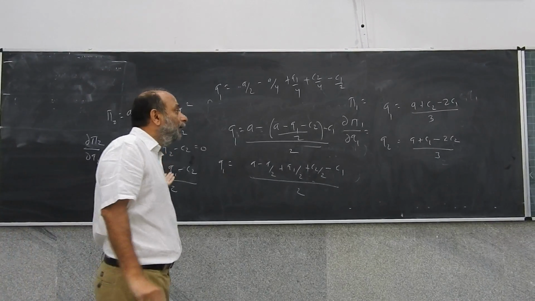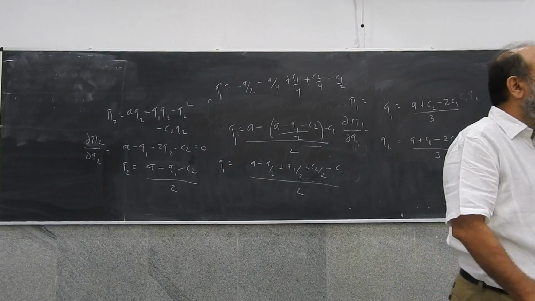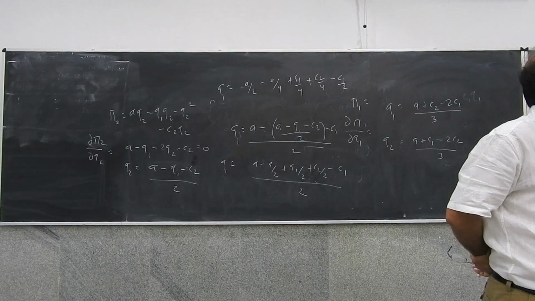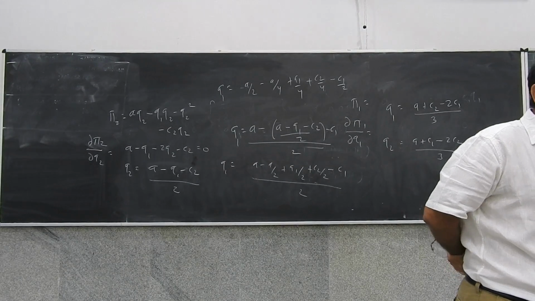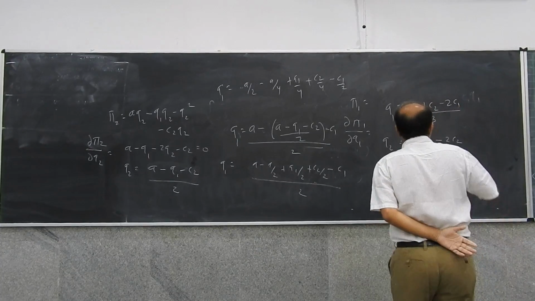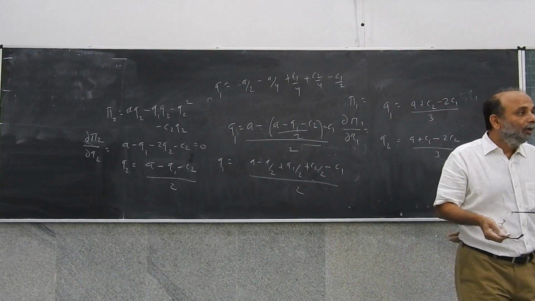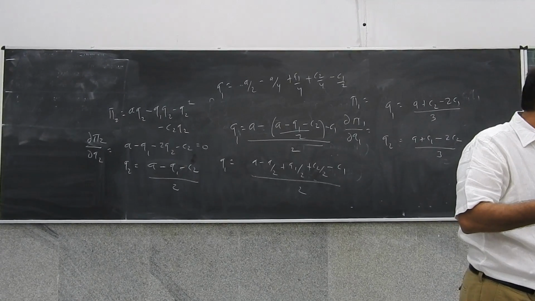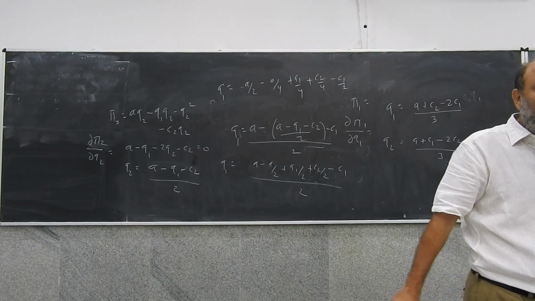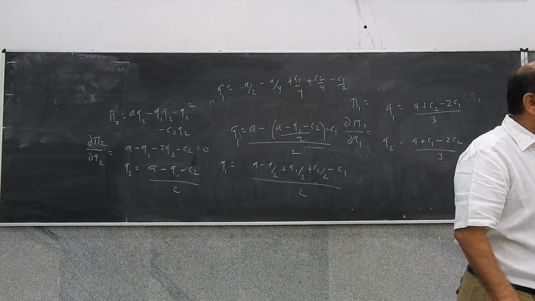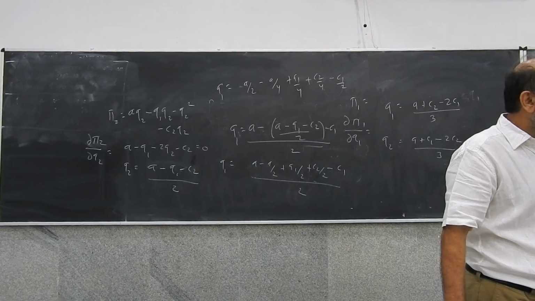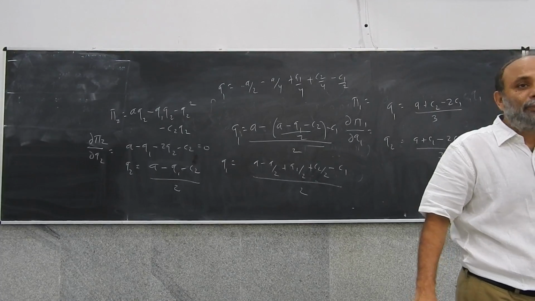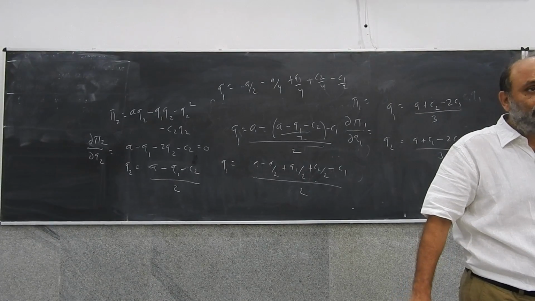Why is Q1 higher if C2 is higher? Because demand for Q2 will reduce. Because higher cost for the second firm would mean that the second firm produces less, and therefore the first firm produces more. That's the standard Cournot game. So if the cost of production of the second firm goes up, the optimal response of the first firm is to produce more.